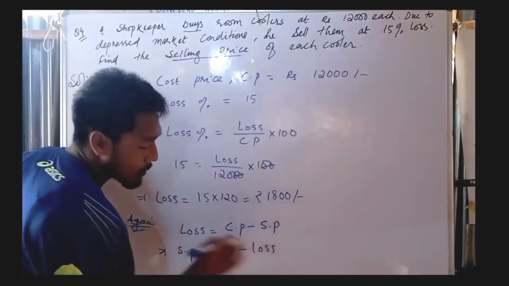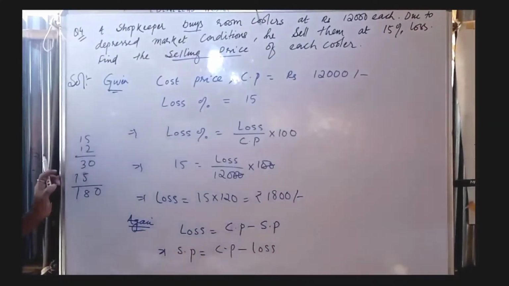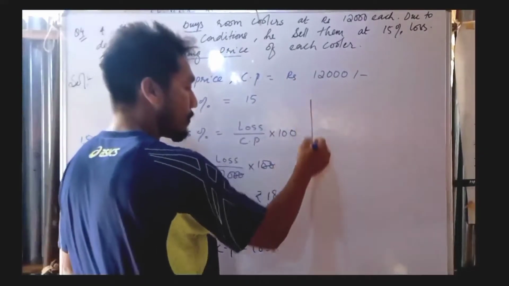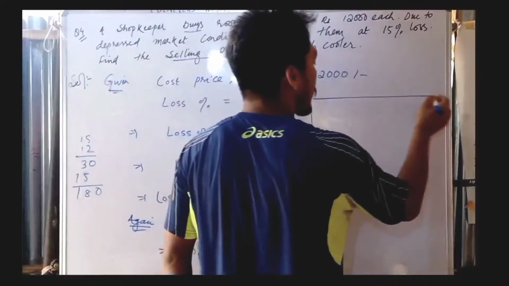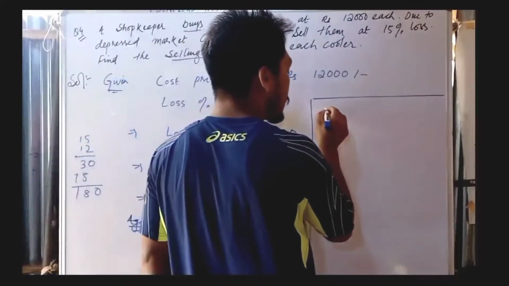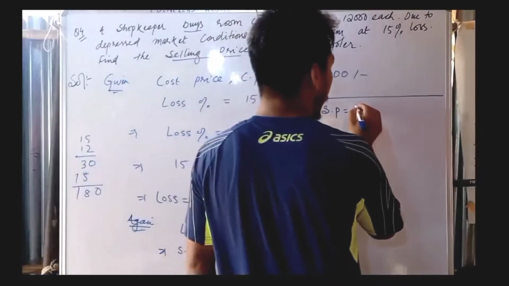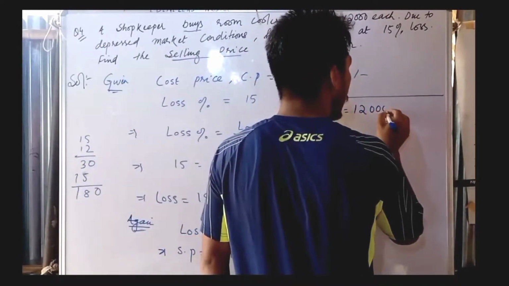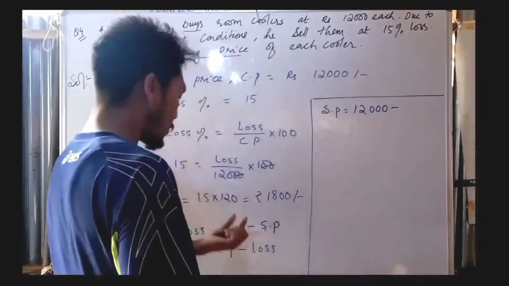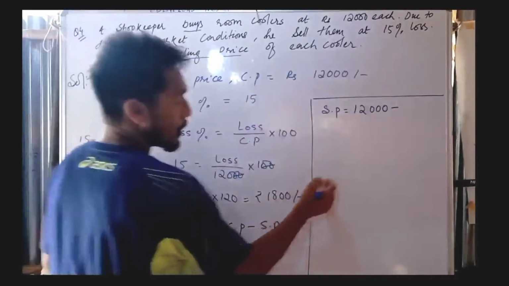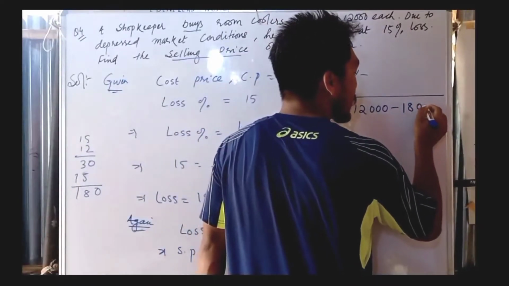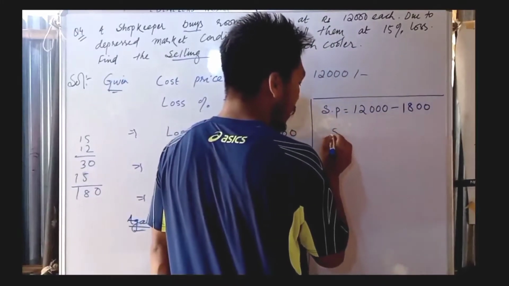CP is 12,000 minus loss, which we got as 1,800. Subtract these two.